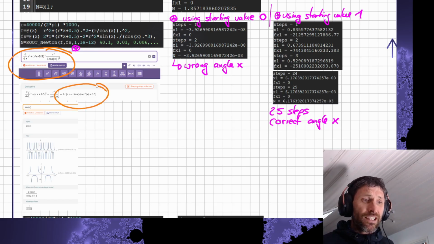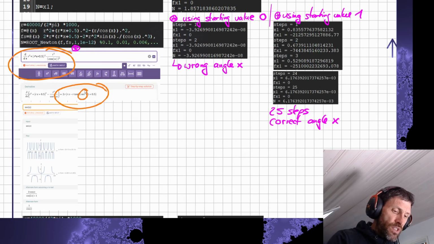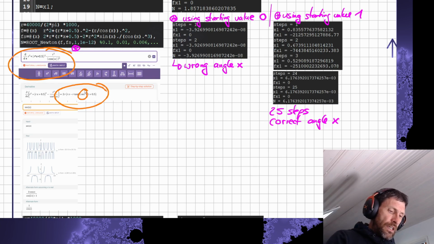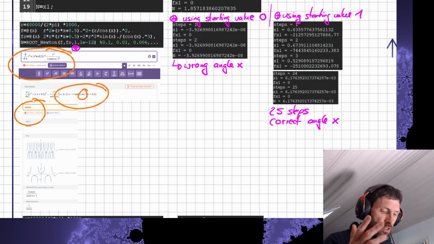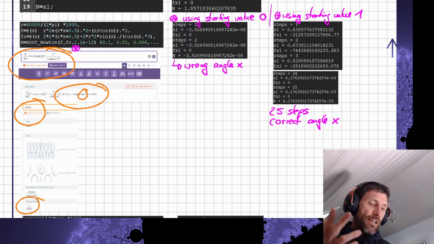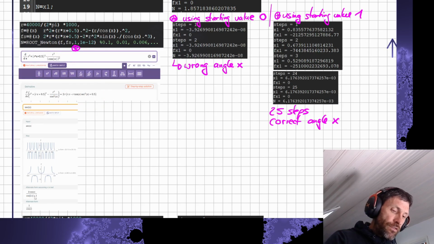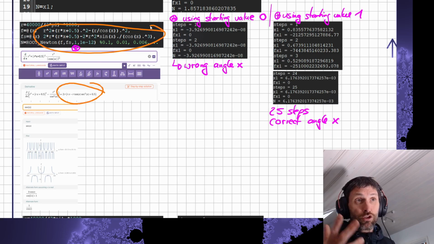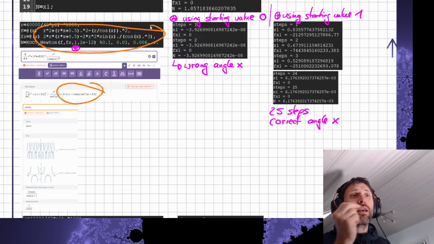Okay, I was not satisfied with this answer because there was some SEC. What is SEC? You can ask Wolfram himself and he will tell you it's 1 divided by cosine x, and then you can analyze if this is indeed the same as I have here, and the truth is it is, but you always have the feeling of, oh, I am not 100% sure, maybe there is an error with the derivative.